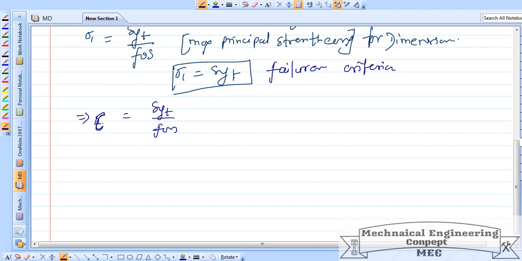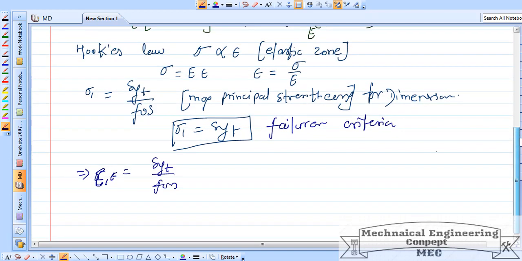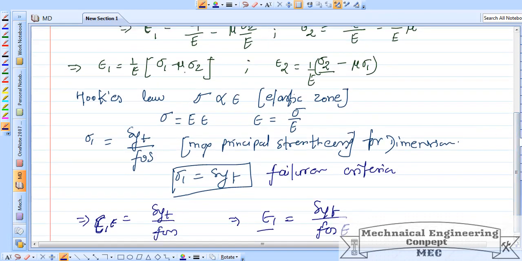In place of epsilon I can write epsilon is equal to SYT by FOS into E. Here I am considering sigma 1 as the maximum stress, and sigma 1 is more than sigma 2, assuming here.